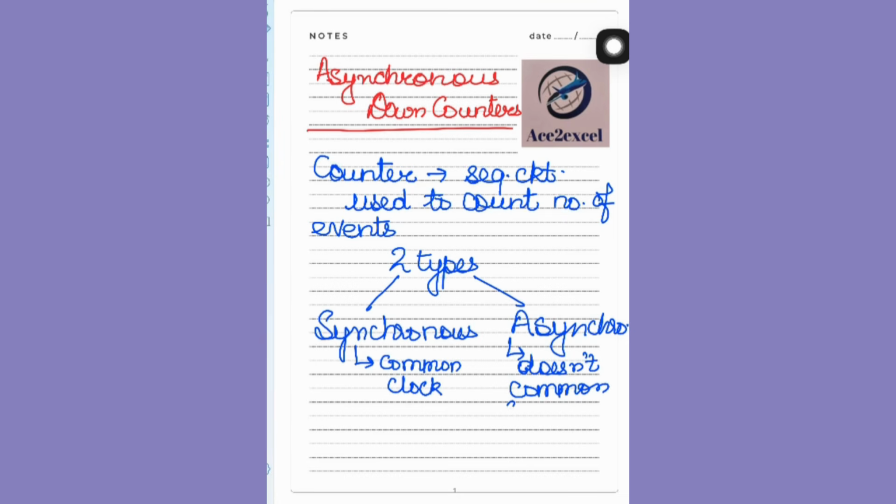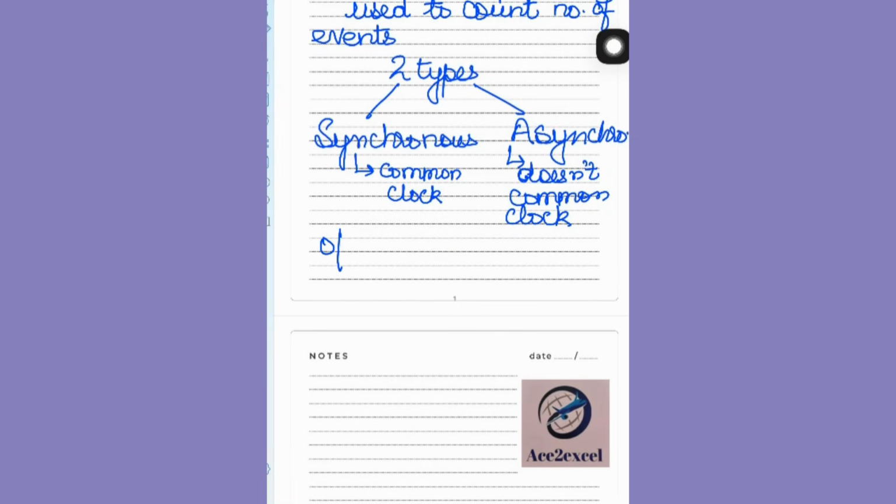Another thing to keep in mind is output of one flip-flop acts as clock to other. Asynchronous counters are known as ripple counters.